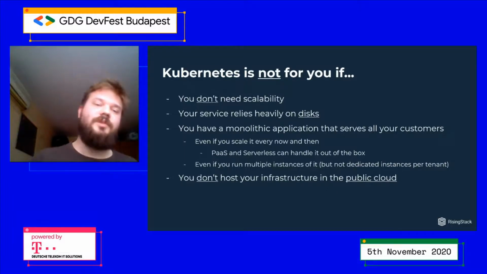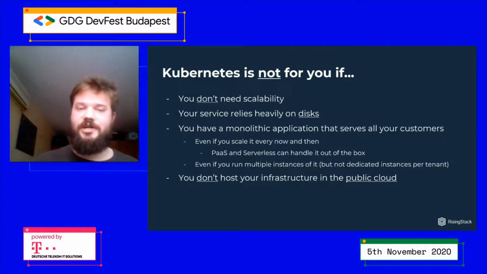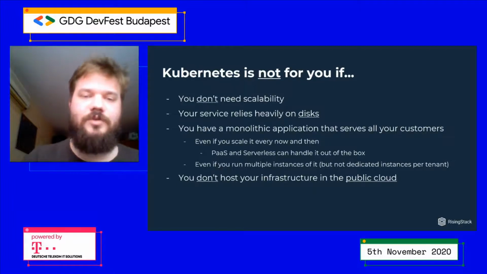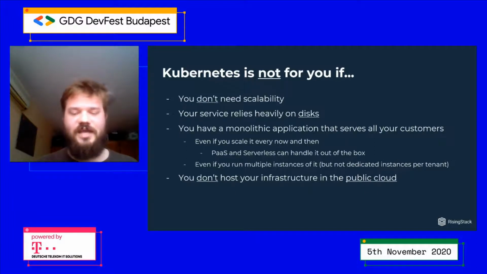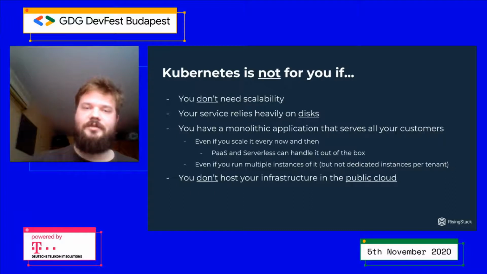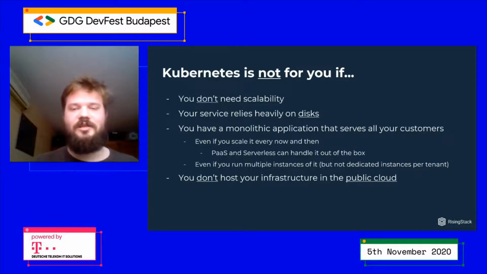Also, if your services rely heavily on disks, then you should think twice about whether you move to Kubernetes or not. Also, if you have a monolithic application that serves all your customers and you need some scaling here and there, then cloud service providers can handle it for you with scaling groups.